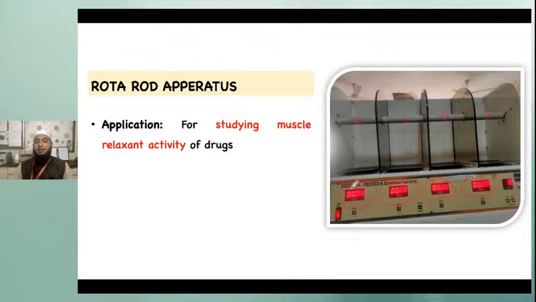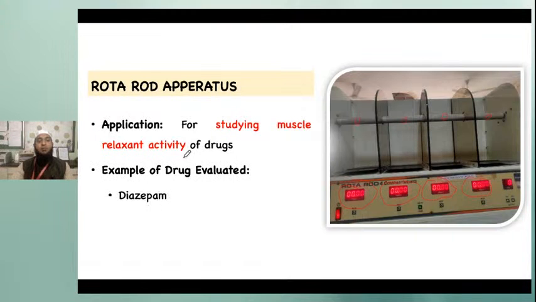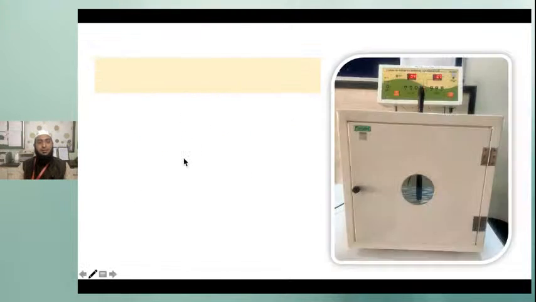The less time the animal spends on the rotating rod, that indicates relaxation of the muscles. If the animal stays more time on the rotating rod, that indicates less relaxation of the muscle. So you can evaluate different muscle relaxant drugs, for example diazepam, by using the rotarod apparatus.